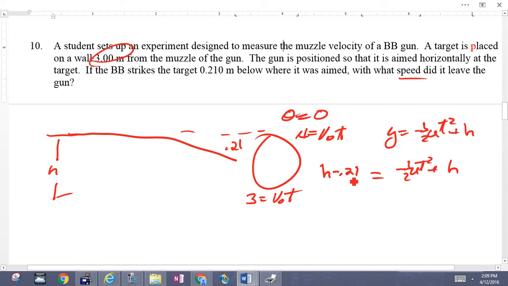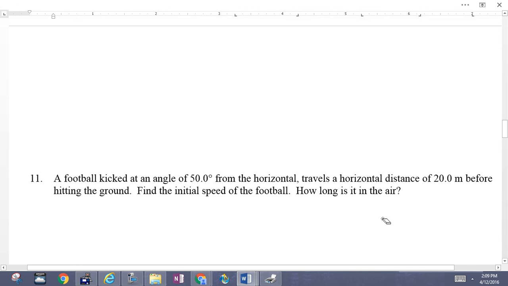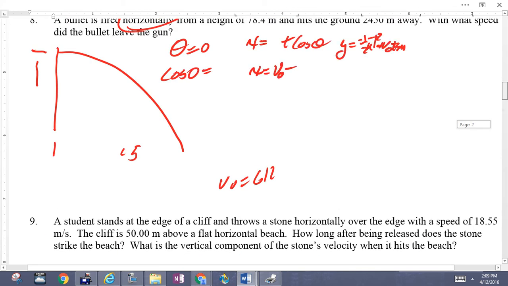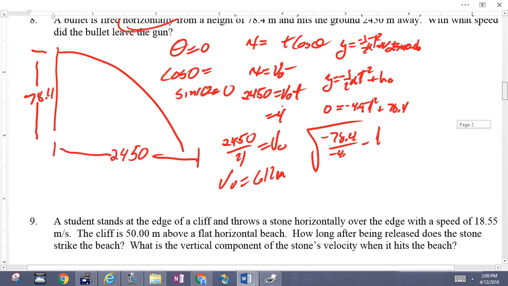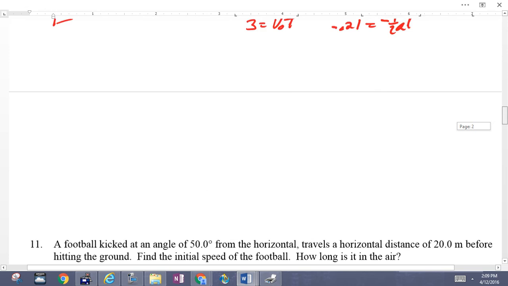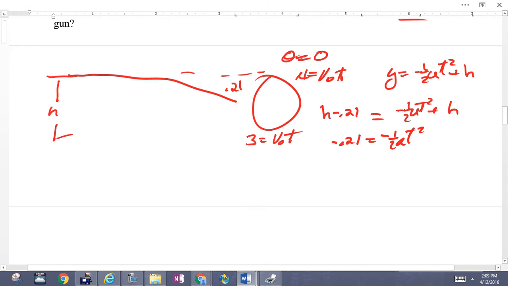In which case we lose the h on both sides, and we're down to negative 0.21 equals negative 1/2 a t squared. Of course we have negative 1/2 a, so we're just going to fill that in as negative 4.9, and come back to the problem wherever it is.